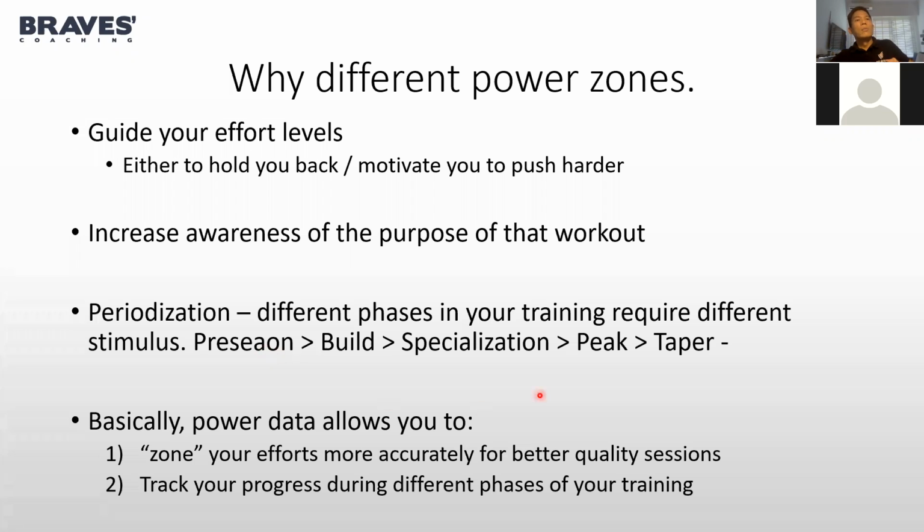So basically, your power zones allow you to zone your efforts more accurately for better quality sessions and to track your progress during the different phases of training. We'll go into that as well.